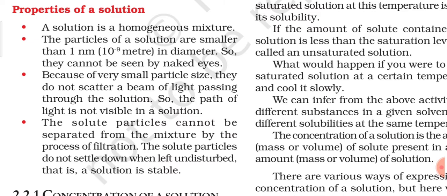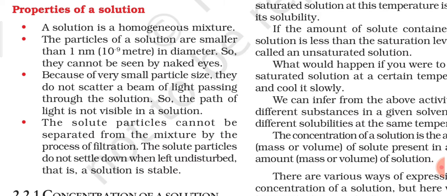Before understanding this third property, I am again telling you how to observe that light is getting scattered, or how to understand the meaning that the path of the light becomes visible. To understand this, you just have to make your room dark, and from one tiny hole you have to let sunlight enter.